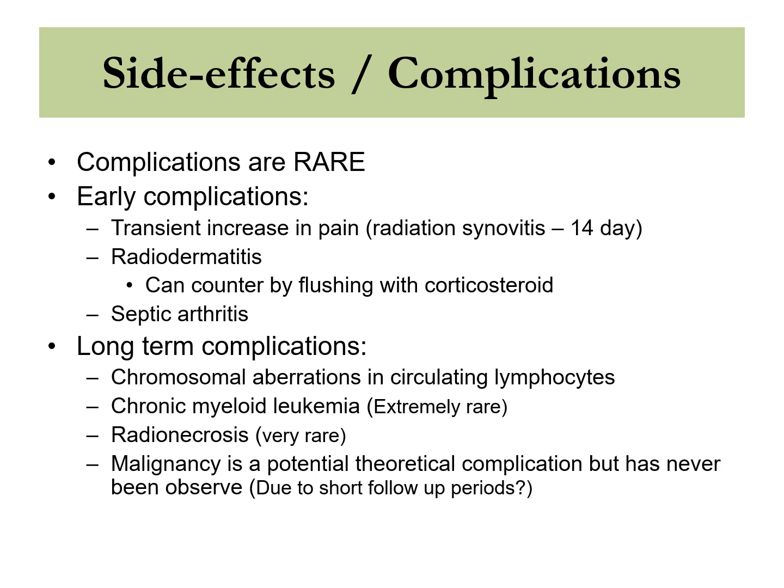Long-term complications are chromosomal aberration in circulating lymphocytes, chronic myeloid leukemia, which is extremely rare, and radionecrosis, very rare. Malignancy is a potential theoretical complication, but has never been observed, maybe because of the short follow-up periods for patients who have undergone radiosynovectomy.